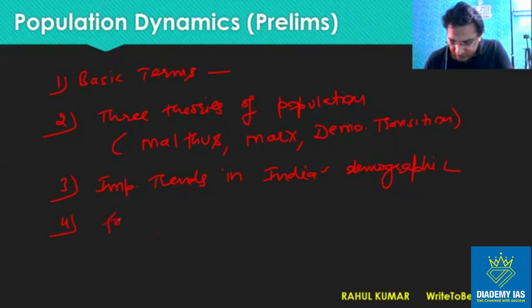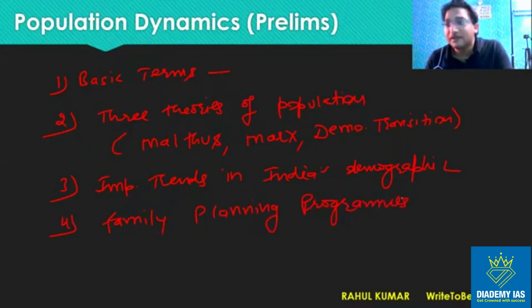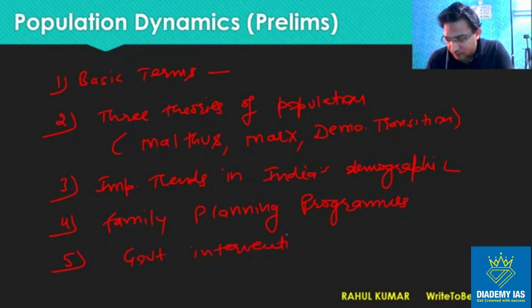Then there are different family planning programs started by the Indian government from time to time, including the National Population Policy 2010. And in the last, we will also see what the government interventions are to control the population as of now.